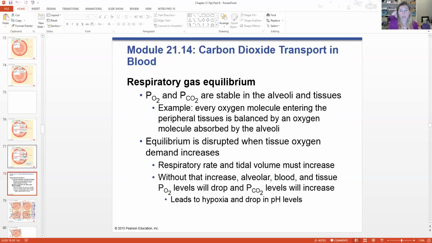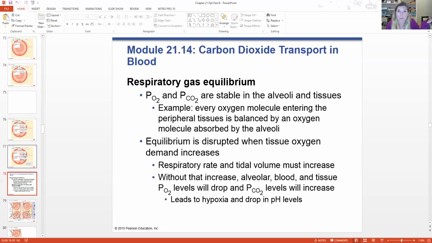You will see, and something that I should just address right now, it's super important to understand, there is a relationship between carbon dioxide levels and blood pH. All right, so carbon dioxide in our body acts like an acid. Why? Think about what we just described happens to carbon dioxide.